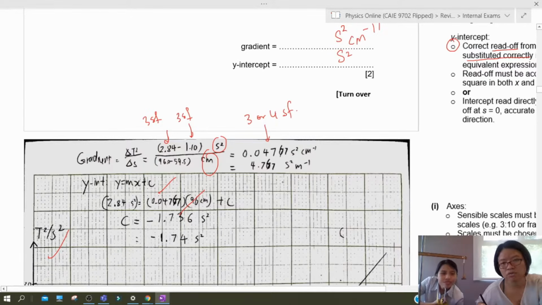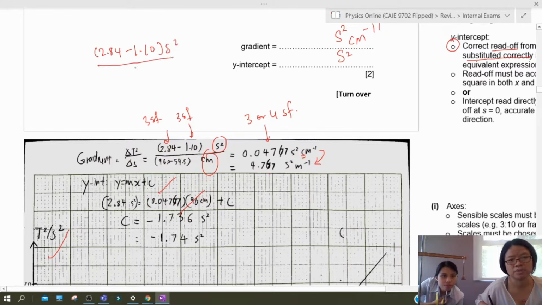You also notice that we have changed the cm and converted it, because I was scared I might need it in meters later. If you don't know how to convert, the compulsion is to divide this by 100, but actually you need to multiply by 100, because it is cm to the power of -1. If you're scared of that kind of error, the earlier your conversion happens, the less the confusion.